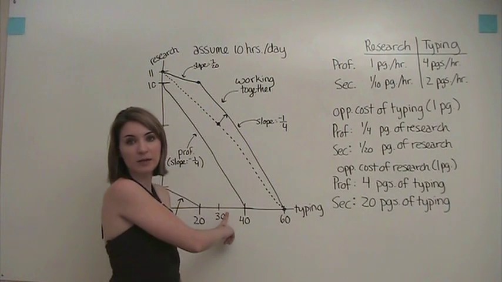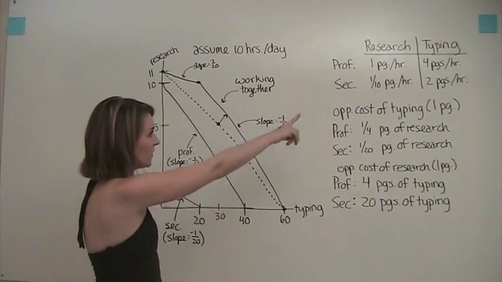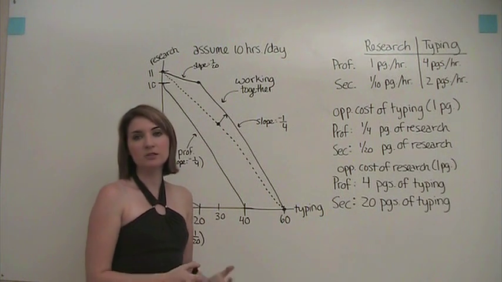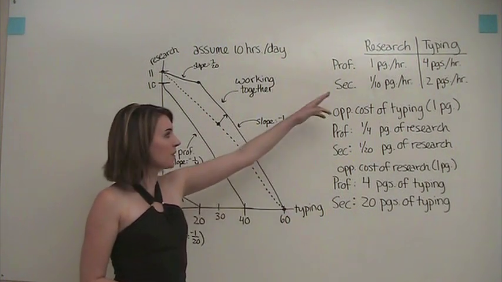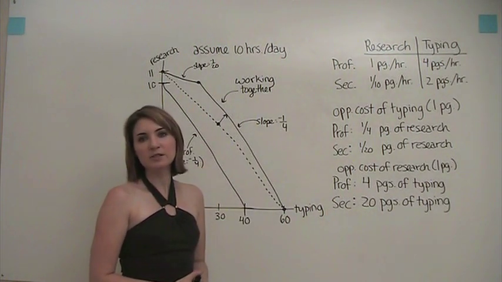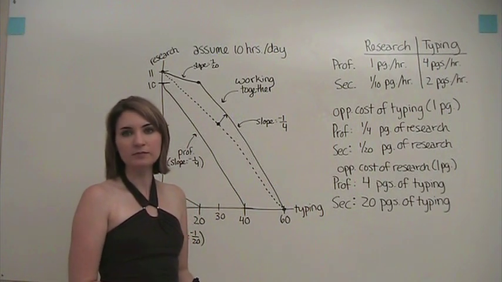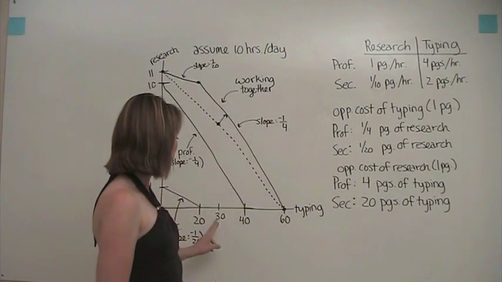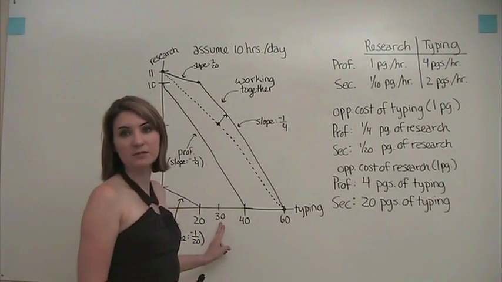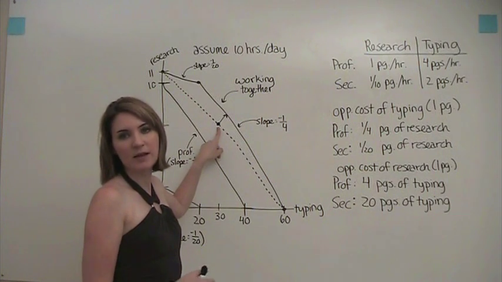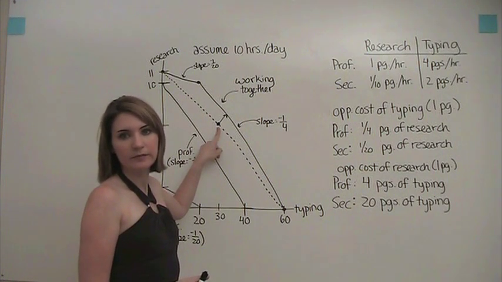Similarly, for typing, the professor, 4 pages per hour for 5 hours, gets 20 pages of typing done, and the secretary, at 2 pages an hour for 5 hours, gets 10 pages of typing done. Put those together and we get a total of 30 pages of typing. So this point here is where each person is spending half of their time on each activity.